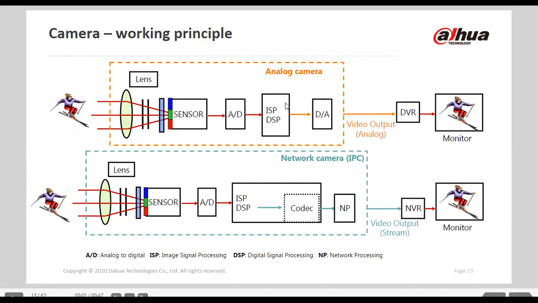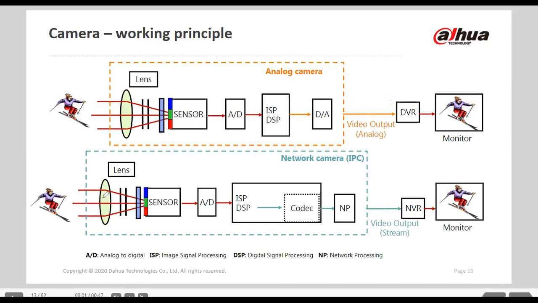It will be processed in the ISP and DSP processors. For an analog camera, because it's using an analog signal, the digital signal is converted back to analog so that it can be transmitted using the coaxial cables you can see here. So this is an analog signal being transmitted here.